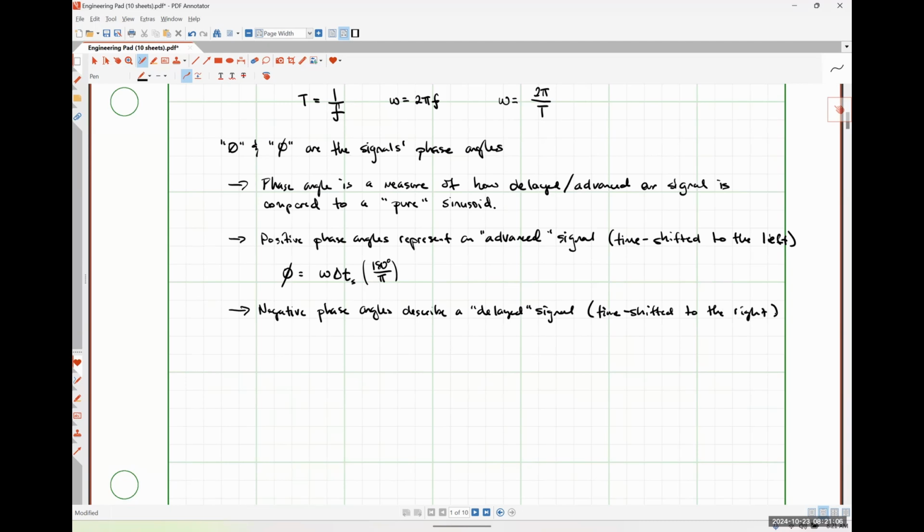For our particular case, that would be theta is equal to negative omega times delta t sub c. And then I'll also use that conversion factor of 180 over pi to express that particular angle in degrees.